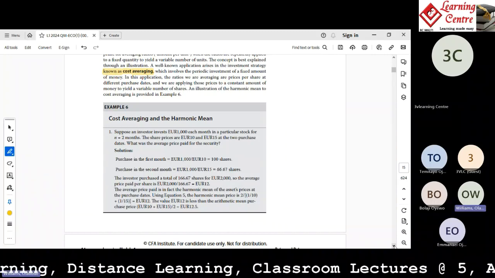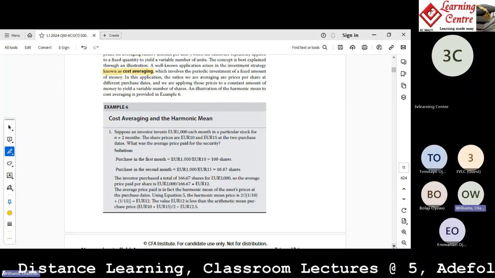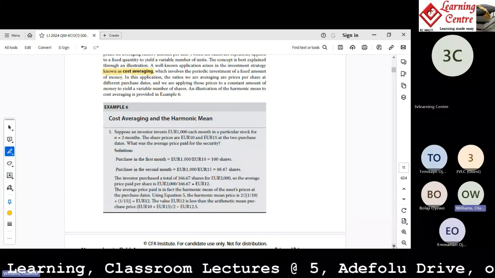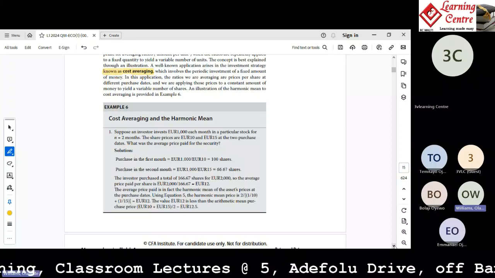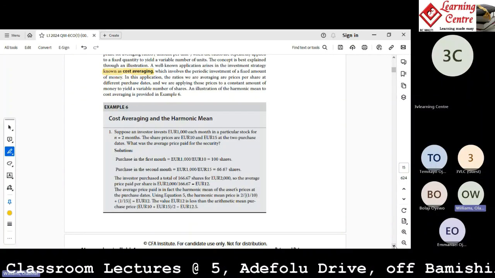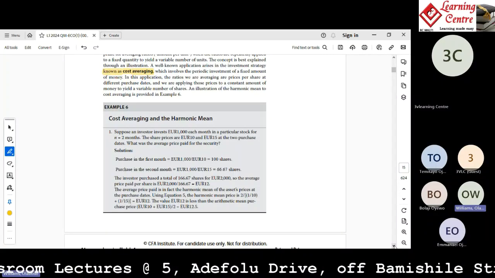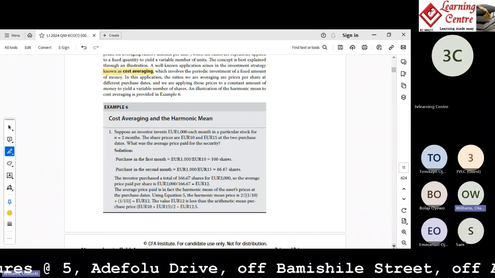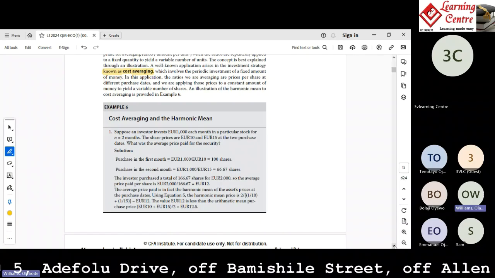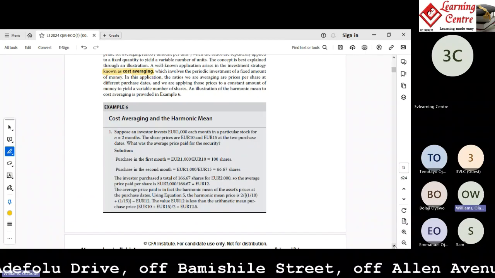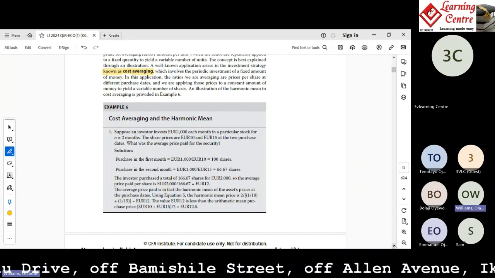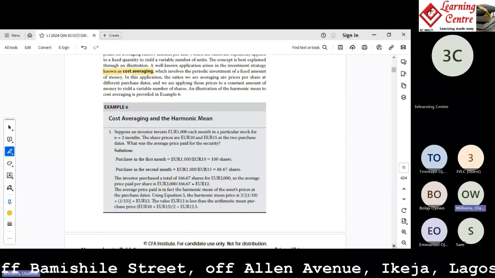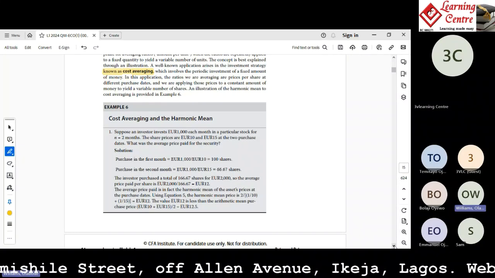Which means in the first month, you will purchase 100 units of that share, because each unit is €10. But for the second month, you will only purchase 66.67 units, which is less than the 100 units, because the price is now almost 50% higher, right?